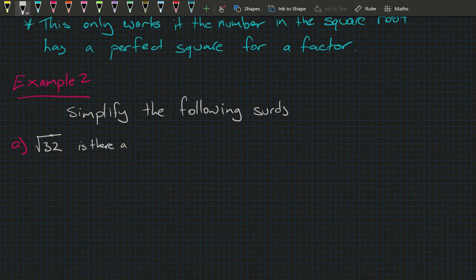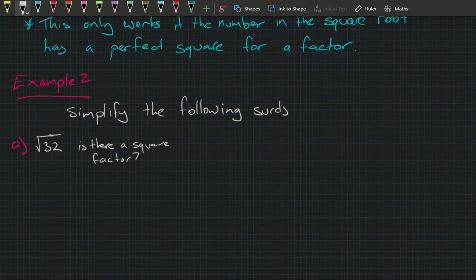And we need to ask the question, is there a square factor? So can I divide 4 into it? Yes, I can. Can I divide 9 into it? No. Can I divide 16? Yes, I can. And it's 16 times 2, so that's the biggest square that I'd fit in there. So we'll leave it at that.